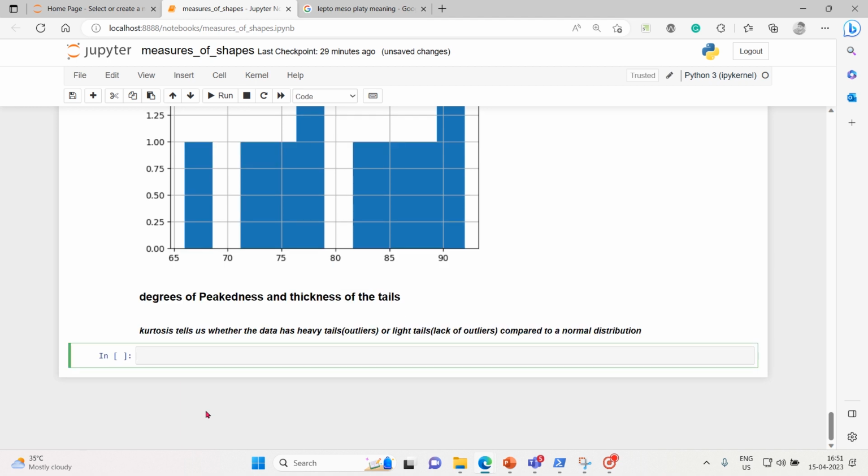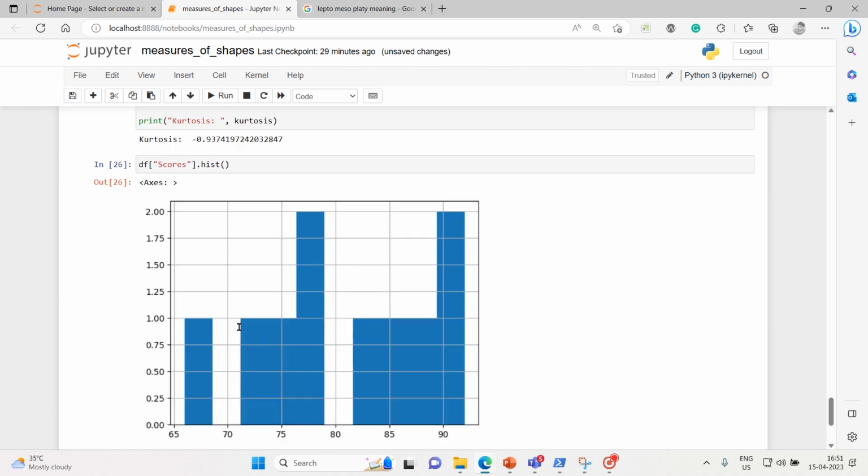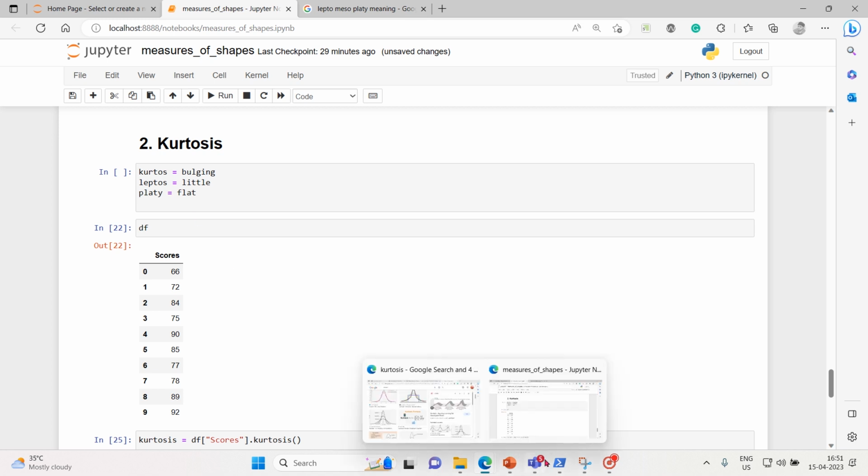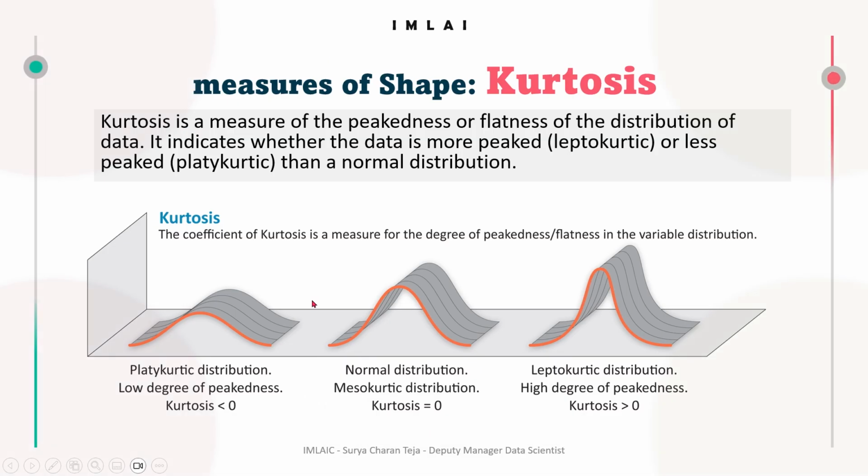As we have discussed earlier, there are three common types of kurtosis. The first one is mesokurtosis. A data set with kurtosis close to 0 is called mesokurtosis, and it has a similar tail behavior as a normal distribution.